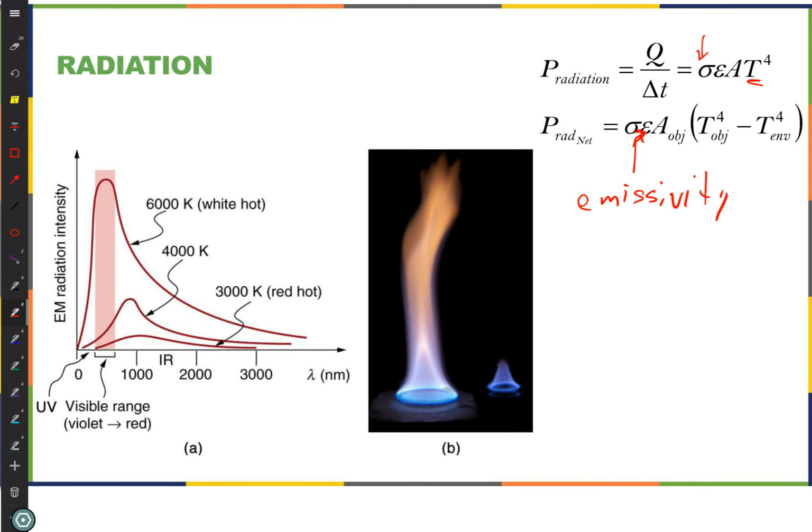So we call this process black body radiation because black is the ideal color for this process. If you have something that is silver, the silver reflects everything, so it doesn't absorb anything. And of course, white reflects a lot, so white is also a very bad black body object.